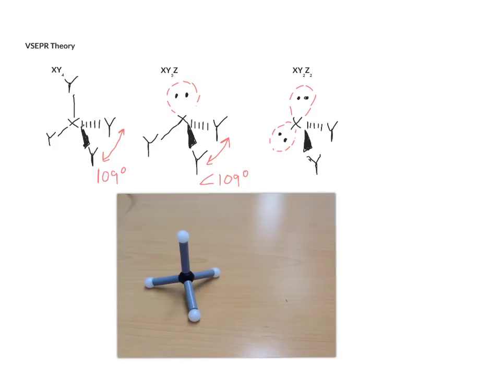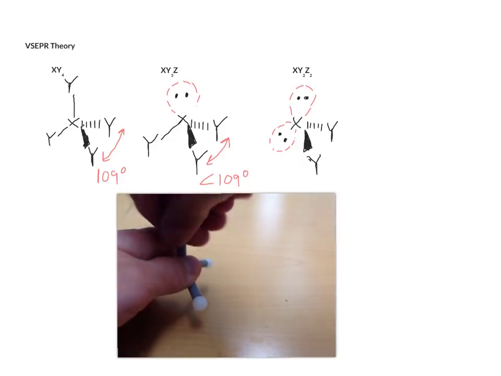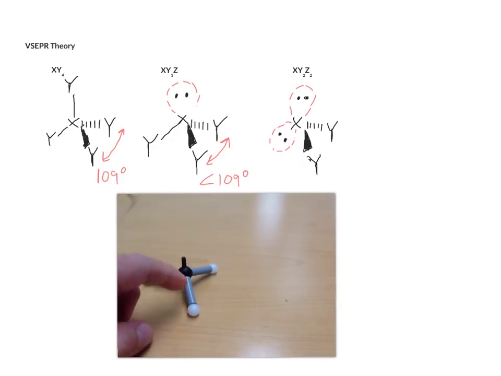Here's a picture of a tetrahedron. Wedge coming out, dash going back. The way that you can picture the molecular geometries of the corresponding 4 group geometries is just remove a bond, and this little nub we'll say represents the lone pair of electrons.